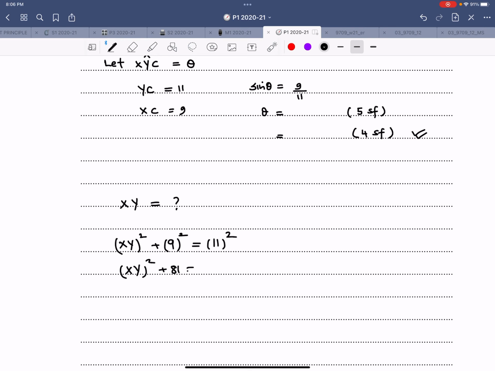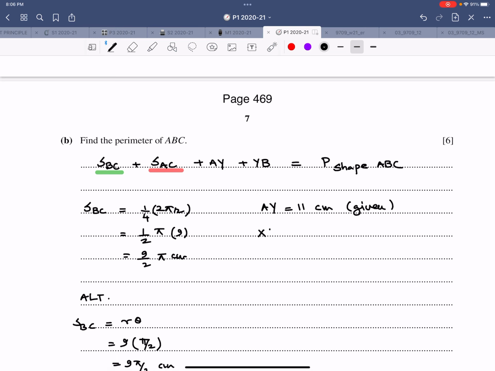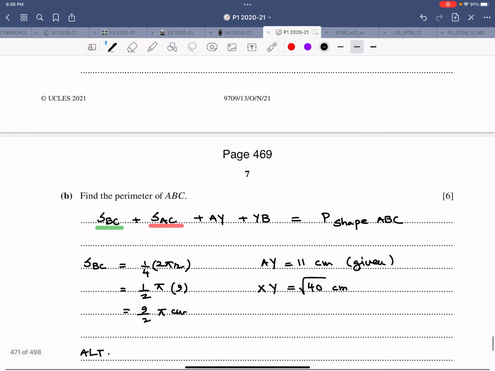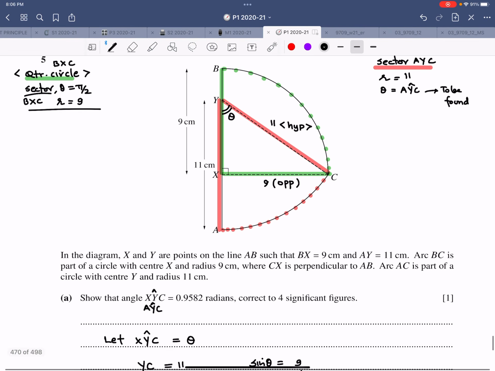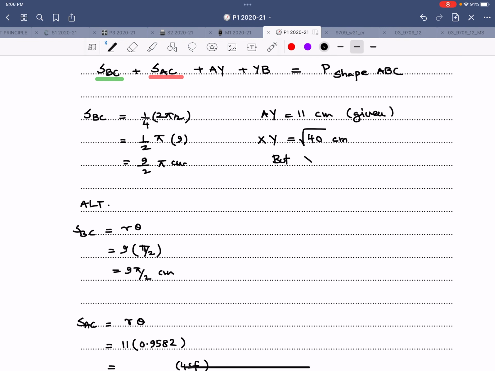Therefore XY squared is 40. Therefore XY is square root of 40. So now XY is root 40 centimeters, and XB equals 9 centimeters.